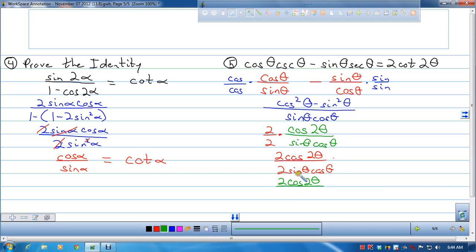So I've got 2 cosine 2 theta over sine of 2 theta. If I've got cosine over sine of the same thing, that's equal to cotangent of the same thing. So I end up with 2 cotangent of 2 theta, and that's our proof.